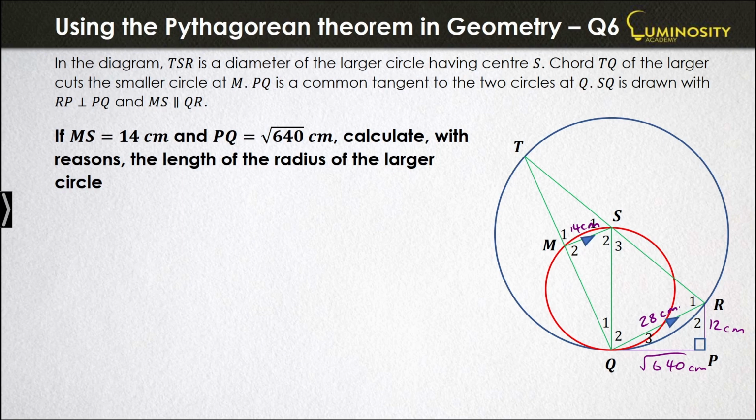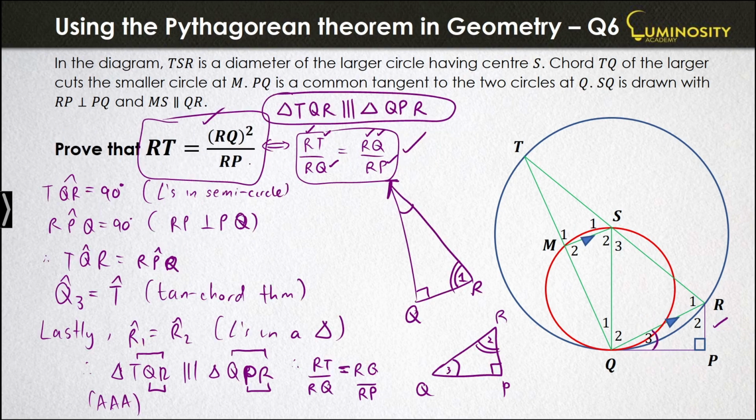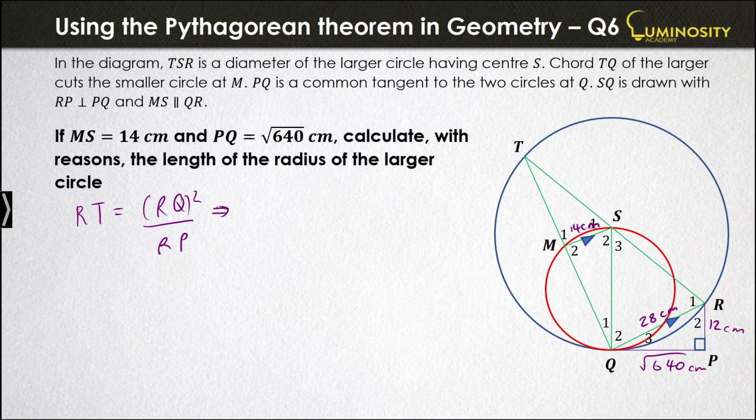So if I come back to what I proved before, RT equals RQ all squared over RP. That's what we've just proven. Now RT is this full diameter line, so it's twice the radius. RQ, we worked out as 28 centimeters, so you're squaring that, and dividing by RP, which is 12.